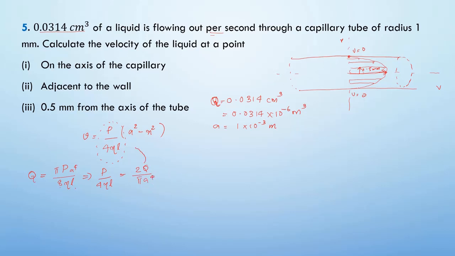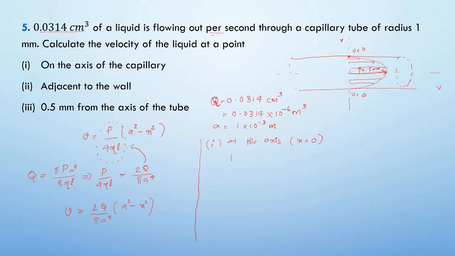Substituting it back into the velocity equation, the velocity becomes 2Q divided by pi a to the power 4 into a squared minus x squared. So let's substitute different values. At the axis, x is equal to 0.